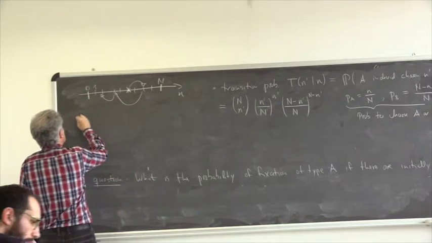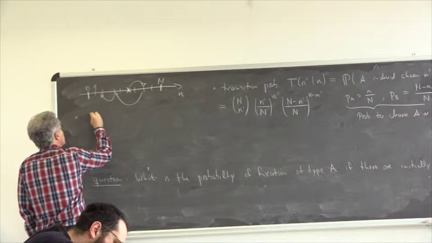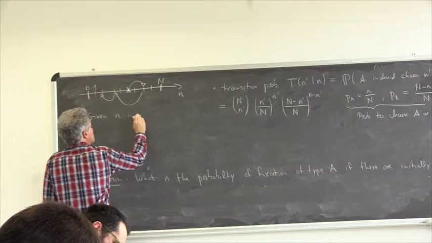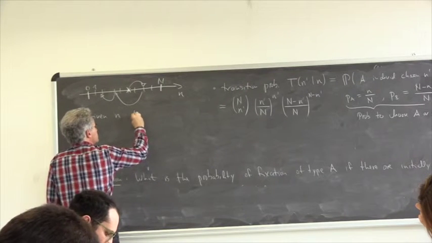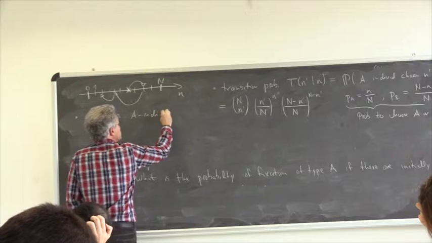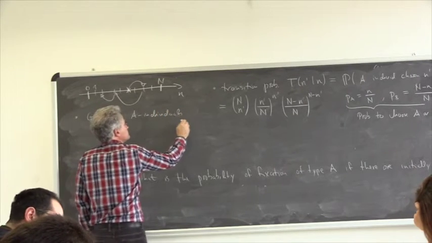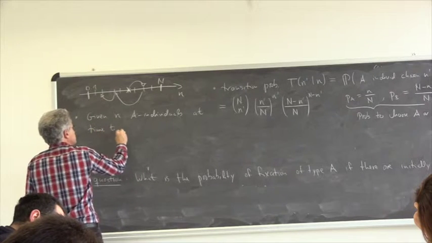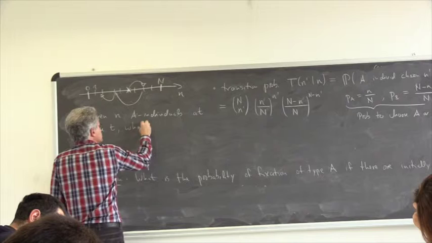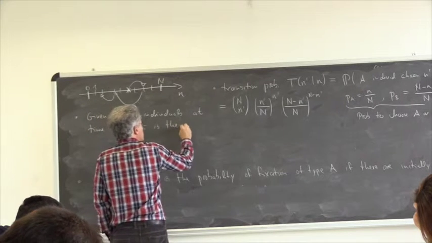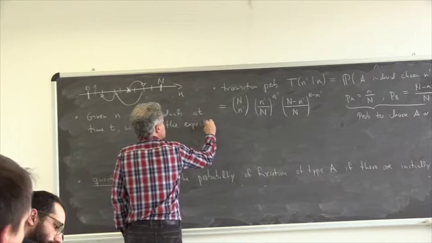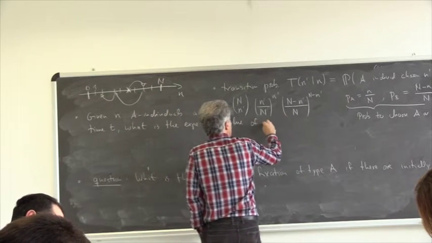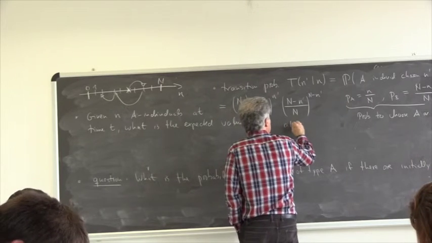So given n individuals at time t, what is the expected value of n prime at time t plus 1?